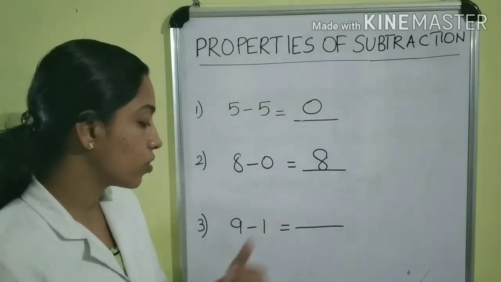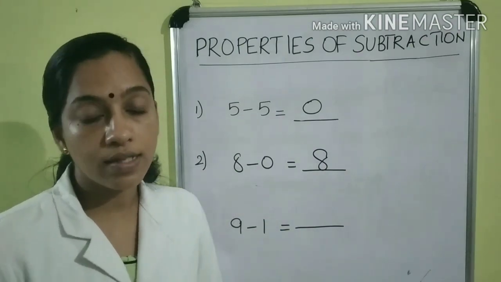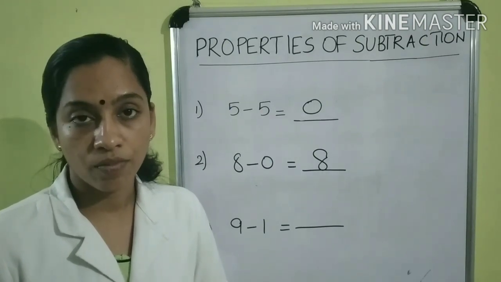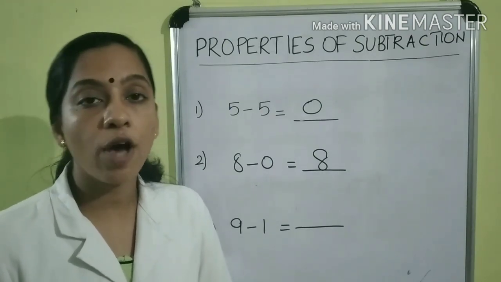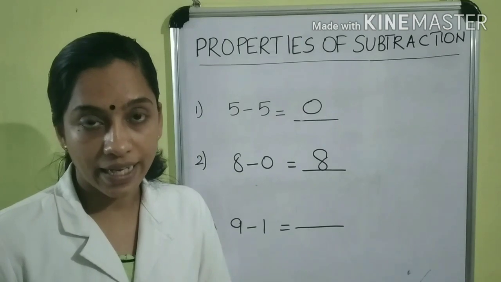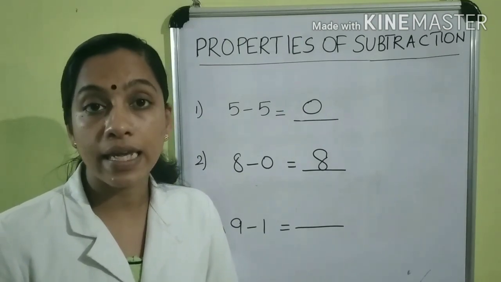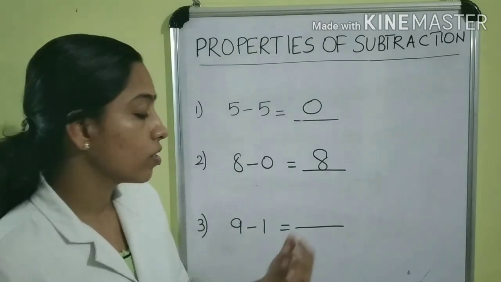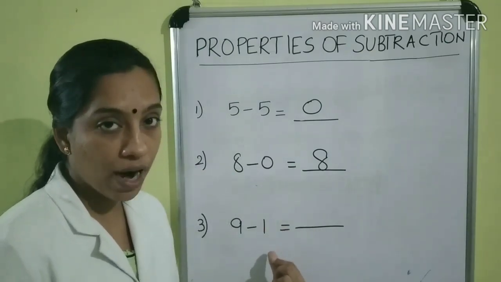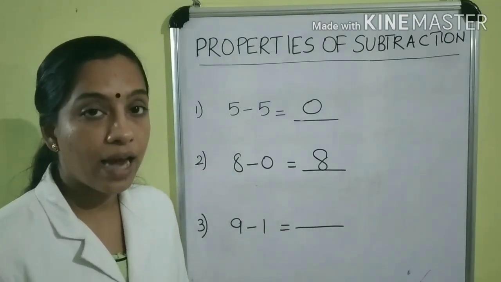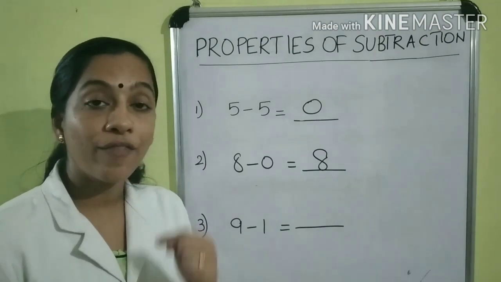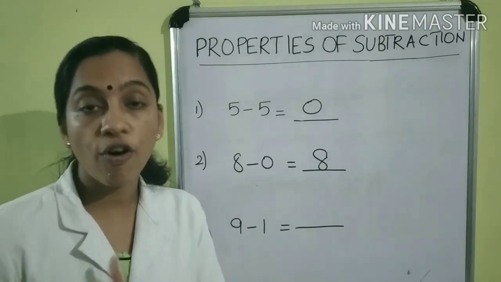Okay. Then last question. 9 minus 1 is equal to dash. We know the third property of subtraction. That is, subtracting 1 from a number gives the number before. So here we have to subtract 1 from 9. For that, we have to find out which number comes before 9.